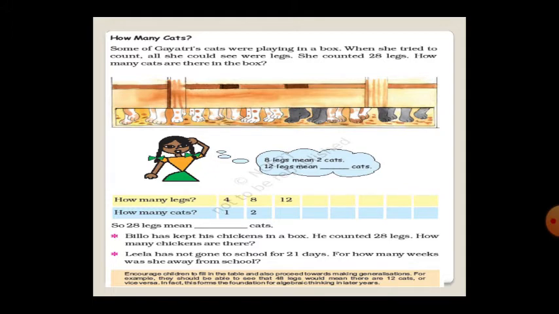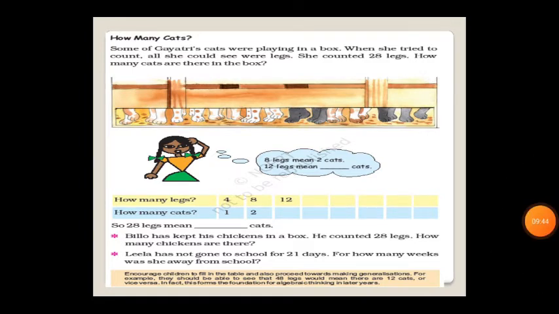Gayatri is having so many cats, and the cats are playing in a box. When she tried to count, see here, you can observe the cats' legs. All she could see were legs. She counted 28 legs. How many cats are there in the box?